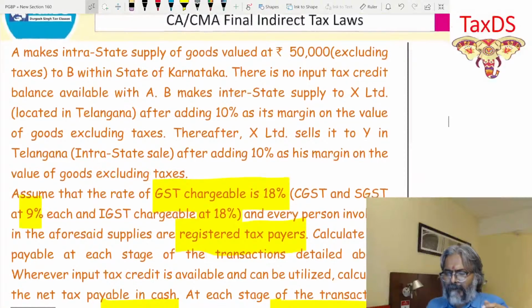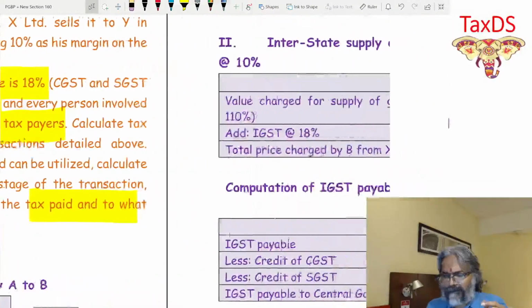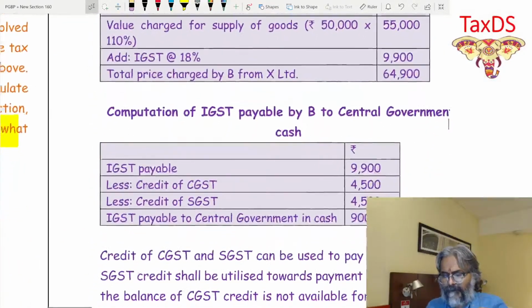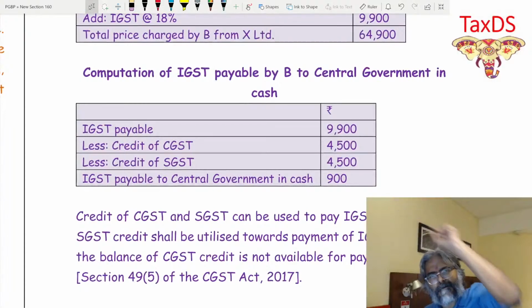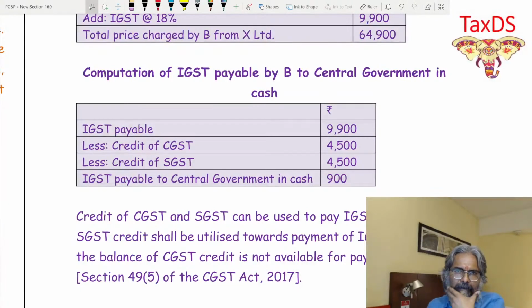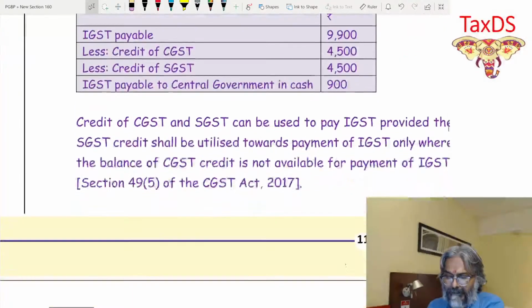So, Karnataka state government, students, in this case will be depositing 4,500 with the central government. It is not a payment of tax, but because the credit has been used to pay off the IGST liability. So, can I say therefore Karnataka state will be depositing 4,500 with the central government? Yes, they will be doing it in this context.